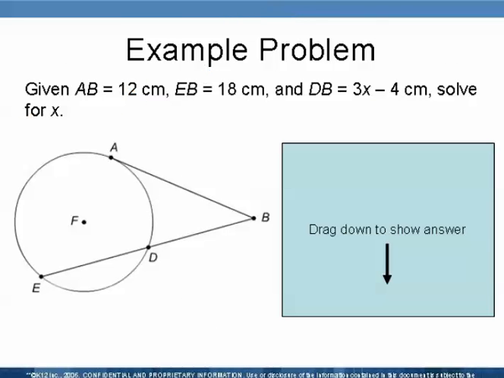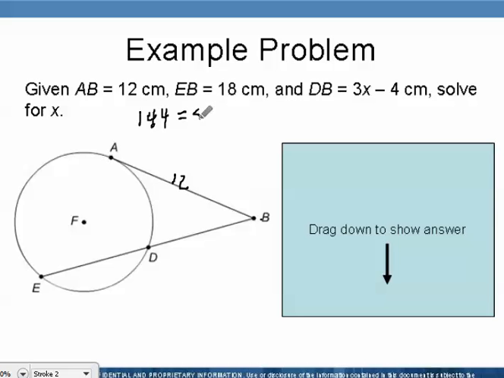That's what you just have to remember. So if I'm given this problem, it says that AB is 12. Well, 12 is the whole thing. It's also the outside. So 12 times 12 is 144. EB, that's 18. It's this thing here. And DB is the outside. It's 3x minus 4. I'm going to multiply 3 times 18.